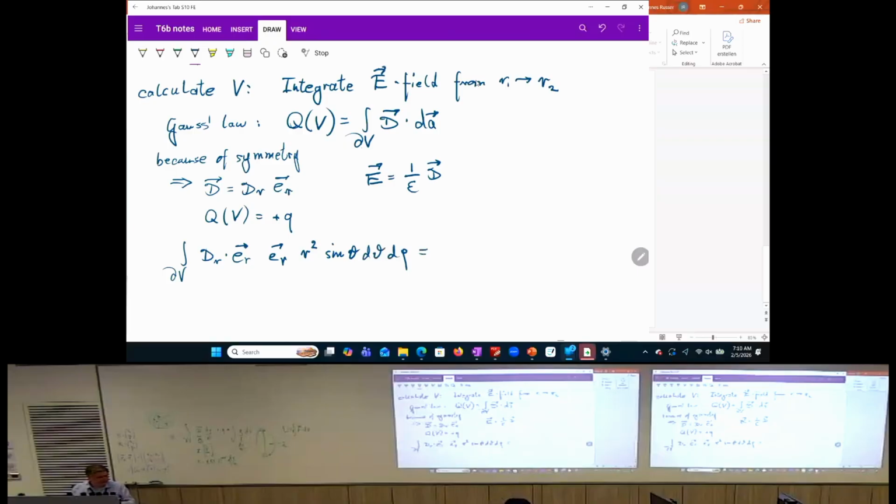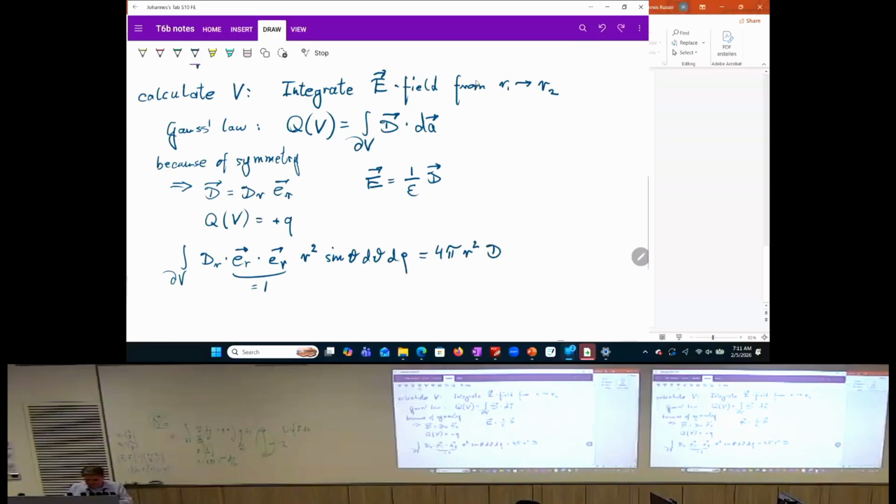And we have looked at that closely in the previous problems also, where we have already done that for a spherical setup. We know that this is 1 here. This is an inner product of two identical unit vectors. So we know that the surface integral, if we integrate over the theta and phi component, that gives us 4 pi. And then we are remaining here with r squared and the D_r.